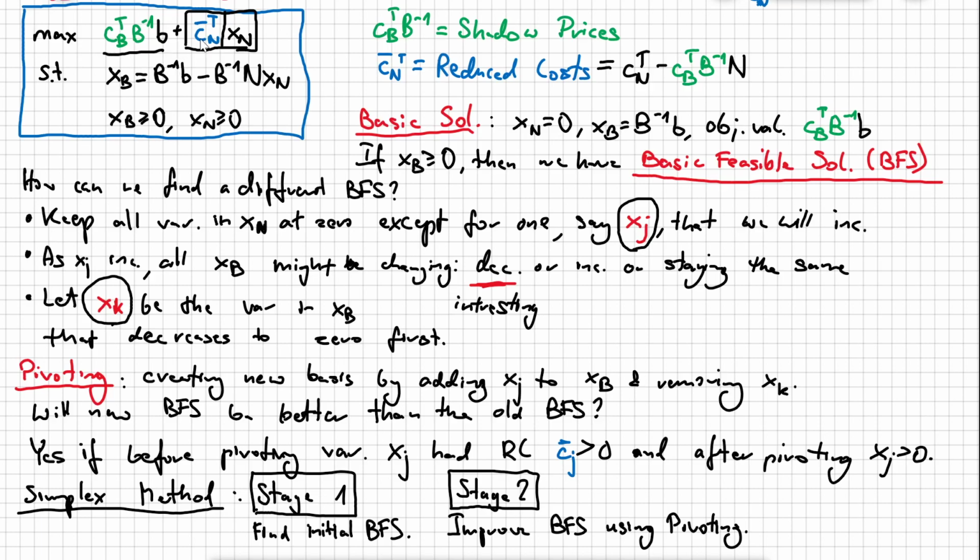So this is the first thing. We can select this xj as the variable that will enter the basis. Then we can identify the variable xk that will leave the basis. And if we find this variable, we will then be able to find a new basic feasible solution.